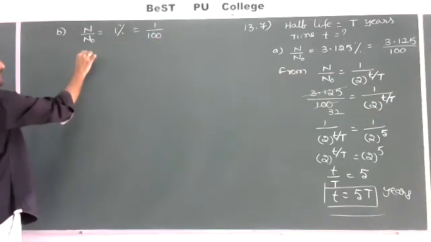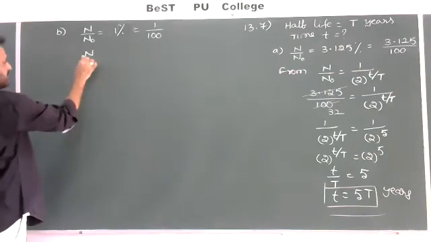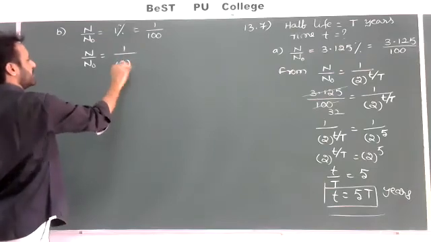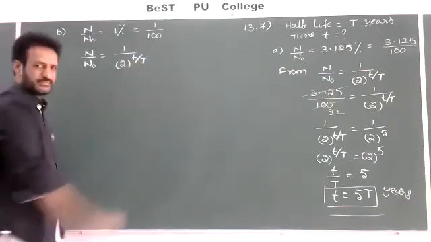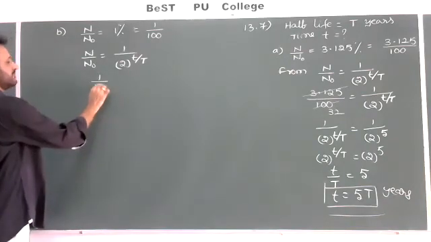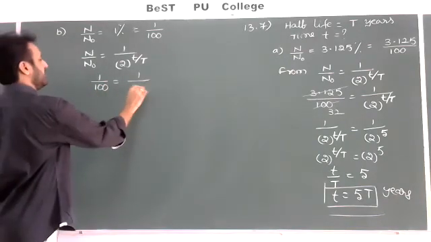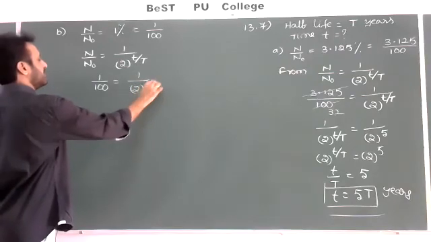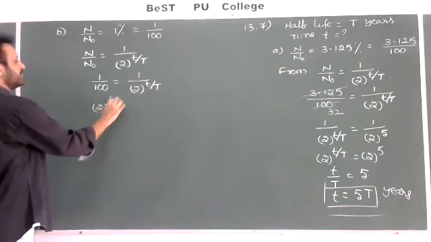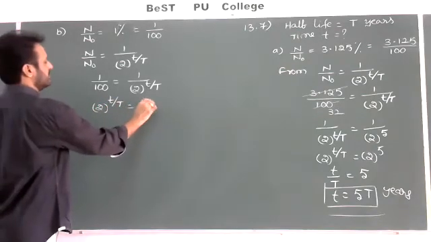Again use the same formula and try it later for tomorrow's class. N by N naught is equal to 1 by 2 to the power of small t by capital T. Substituting, 1 by 100 is equal to 1 by 2 to the power of small t by capital T. Or we take the reciprocal on both sides: 2 to the power of small t by capital T is equal to 100.